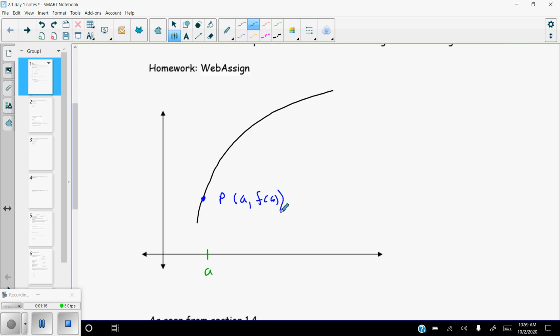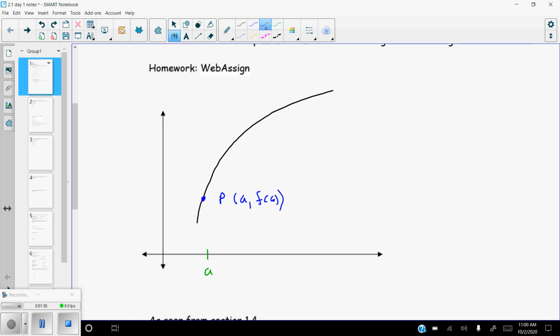If I want to find the slope at that specific point, well, we know that to find the slope of something, you really need 2 points. The problem is, I can't take 2 points on the curve without that creating a secant slope.